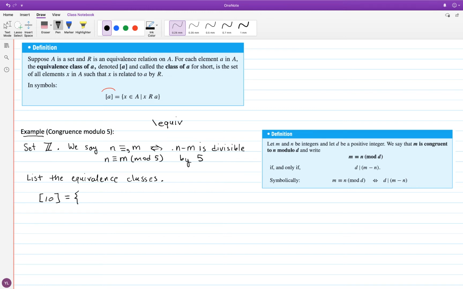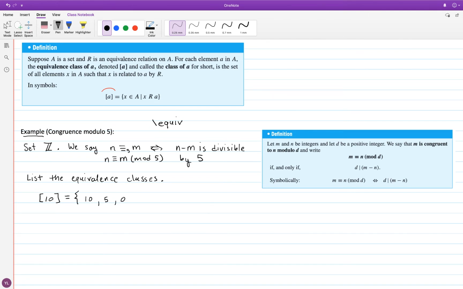That is, if you take 10 minus another number, how could it be divisible by 5? Well, 10 itself would be such a number because 10 minus 10 is 0, which is divisible by 5. And then if you subtract any multiple of 5 from 10, 10 being a multiple of 5 itself, you're going to get a multiple of 5.